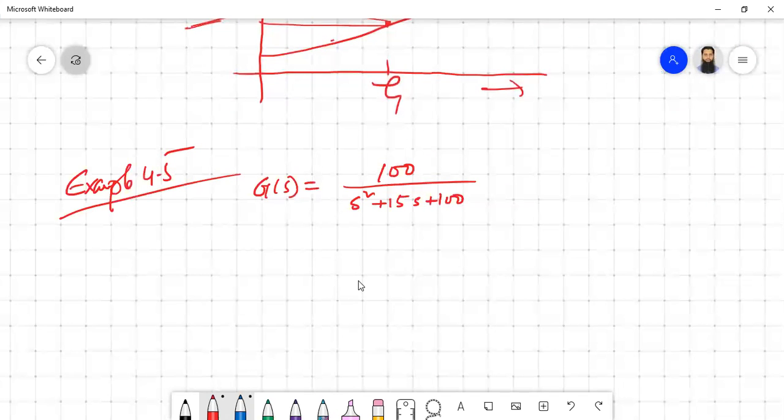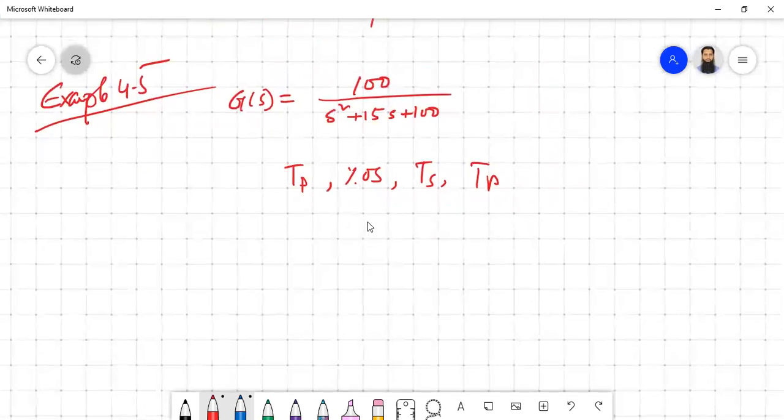You have to find the peak time, the percentage overshoot, the settling time, and then the rise time.